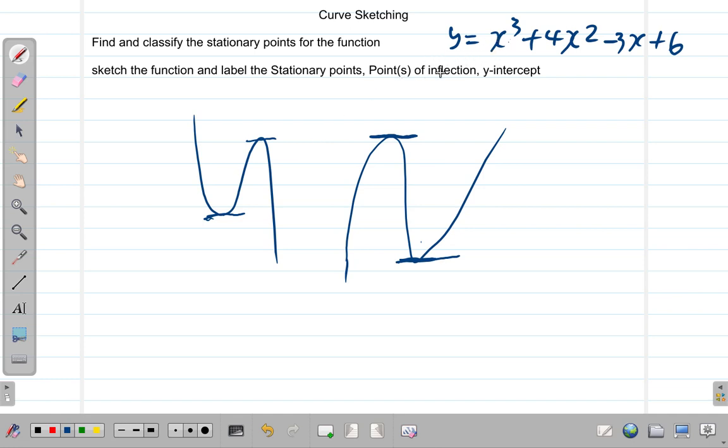My curve here was a bit too sharp, so let me smooth it out. Alright, it's more like it.